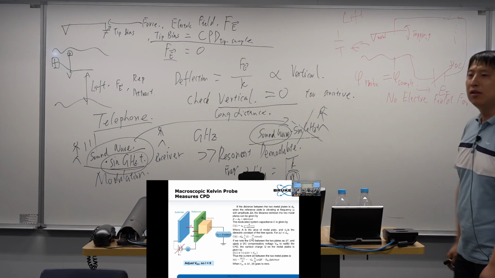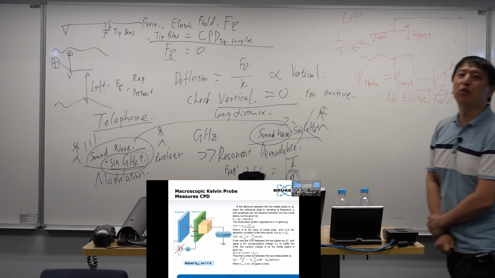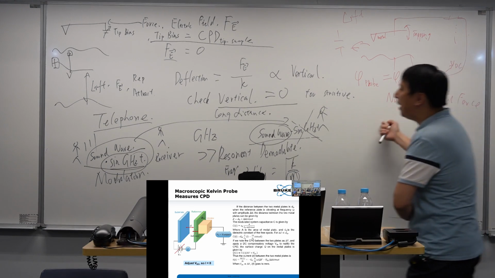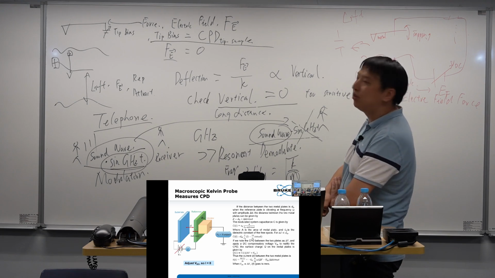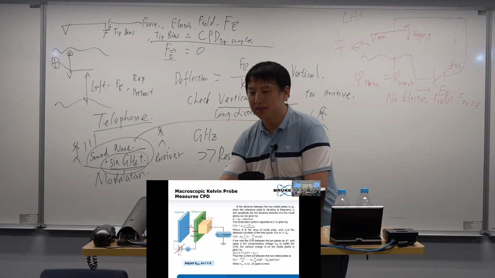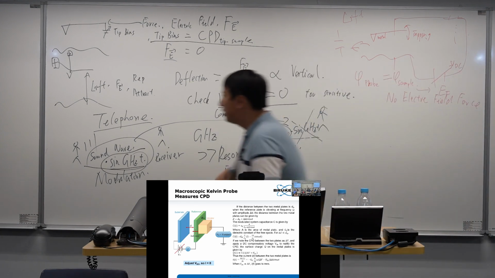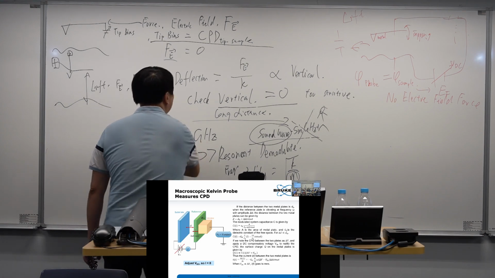It's too sensitive, same as your sound wave. So how do you do it? You modulate it to high frequency and then demodulate it back. Then we can easily get this vertical. That's our idea. Okay, so let's show how the telephone works in KPFM.